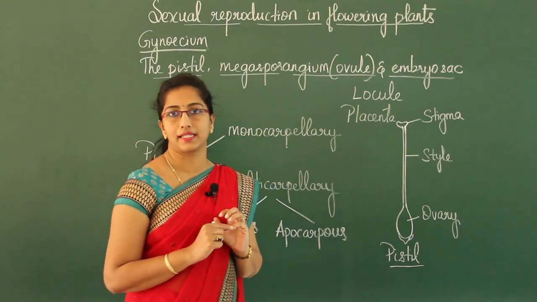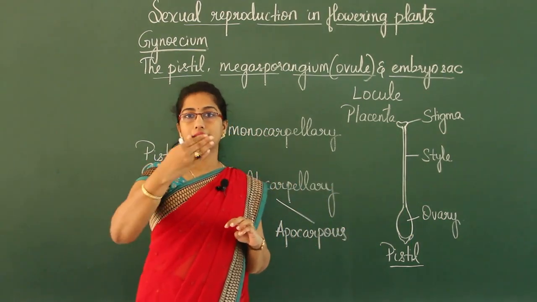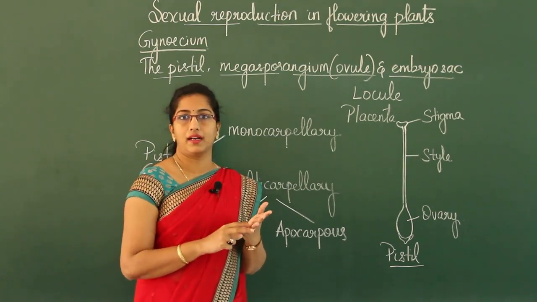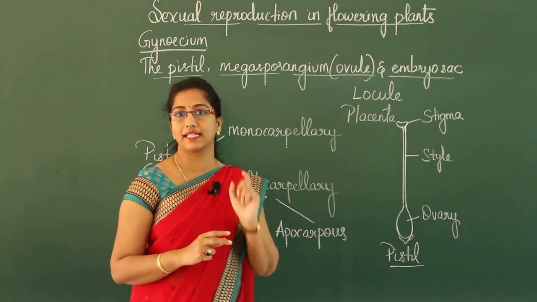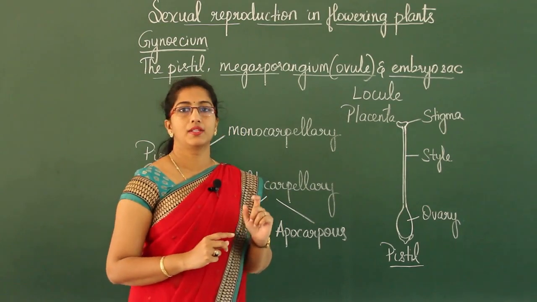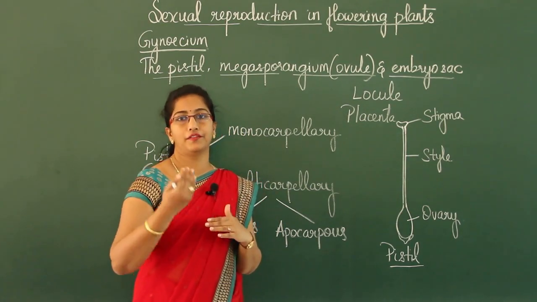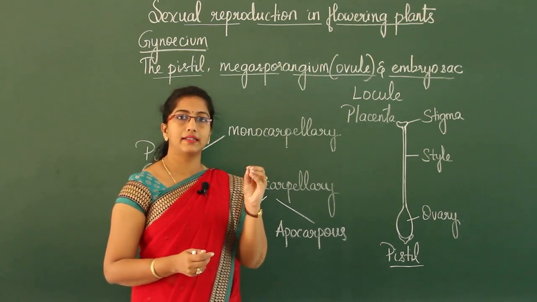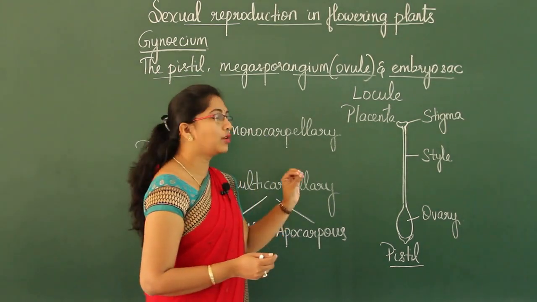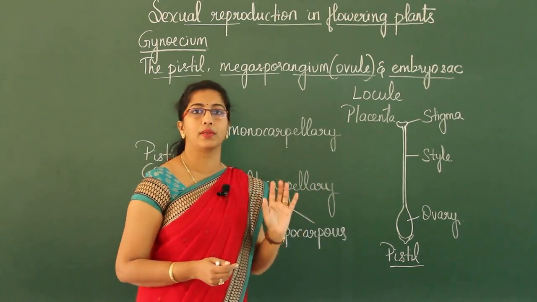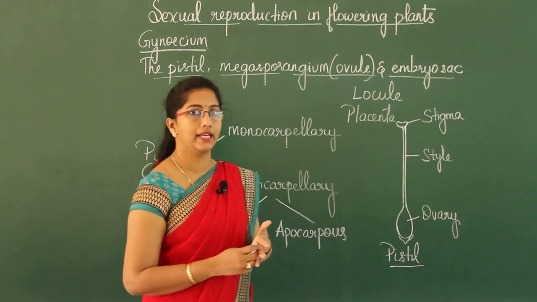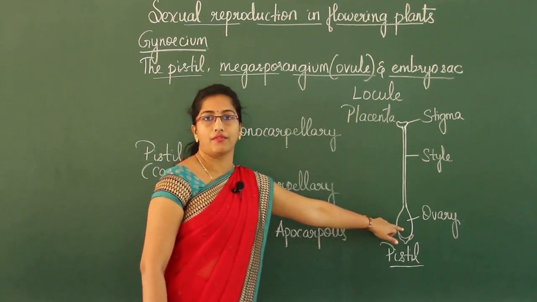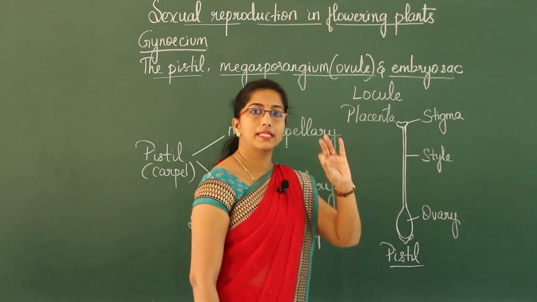In your last year's syllabus you had studied about placenta, and I hope you remember the term placentation. Placentation is the mode of arrangement of ovules within the ovary. Placenta is a tissue to which the ovules are attached.